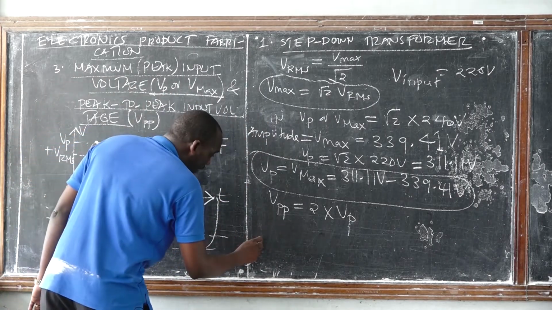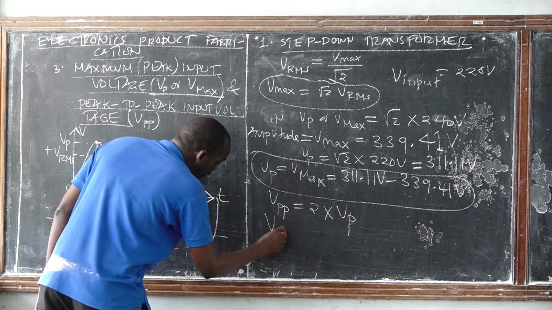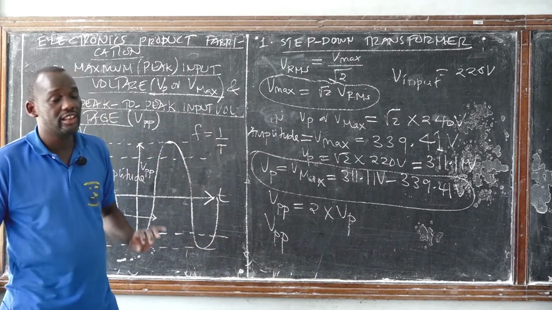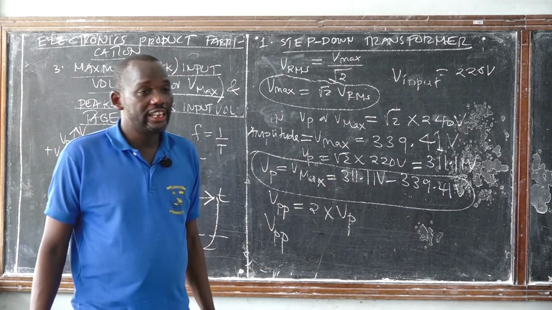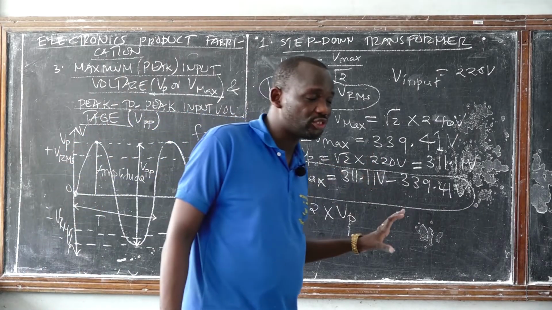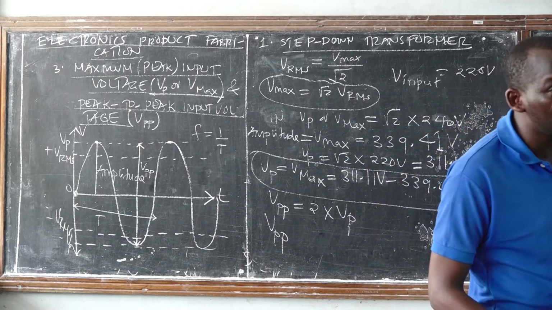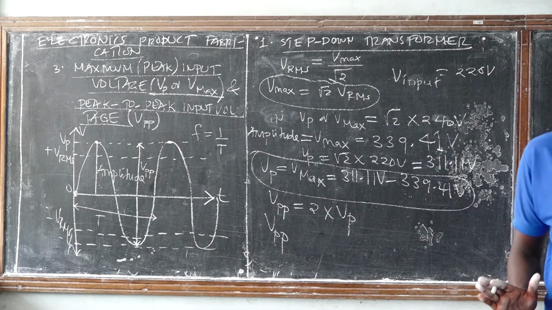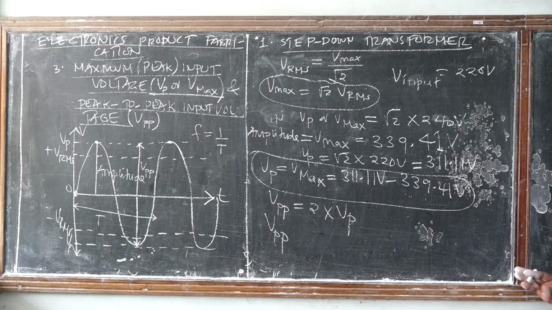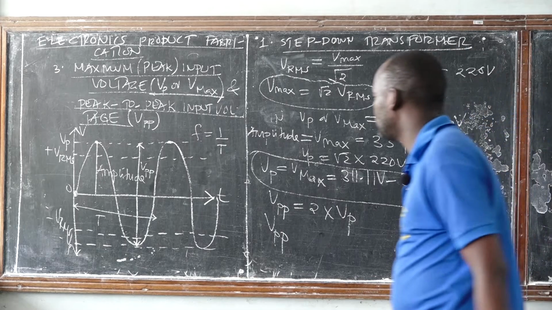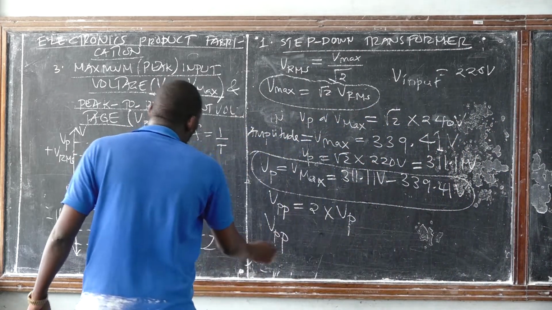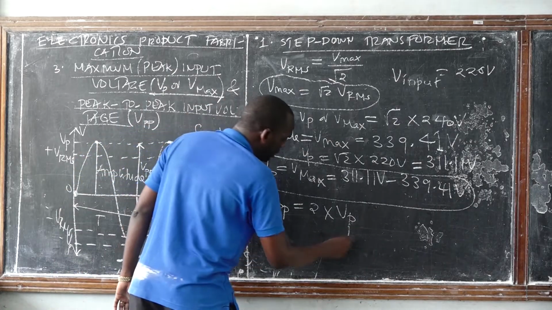This is peak to peak voltage of AC, not of the audio signal, not of the signal from the function generator. We are talking about alternating current. We are not talking about the signal. But the formulas are still the same for any sinusoidal signal. So this is the formula that you have to remember.